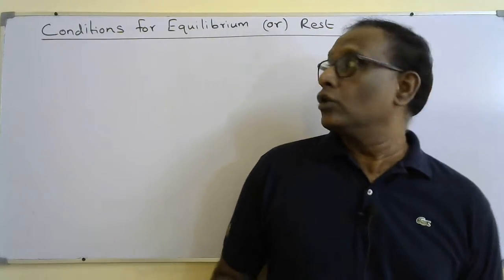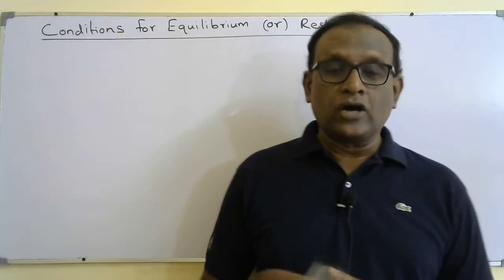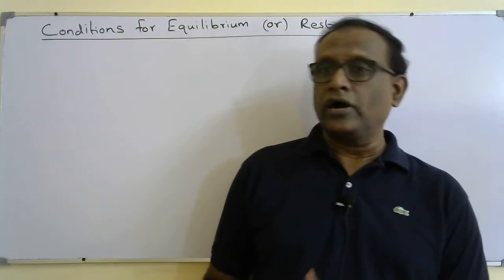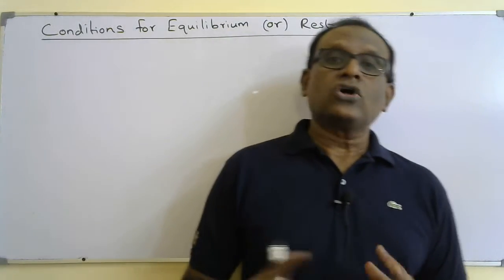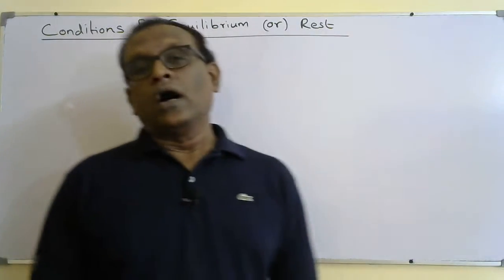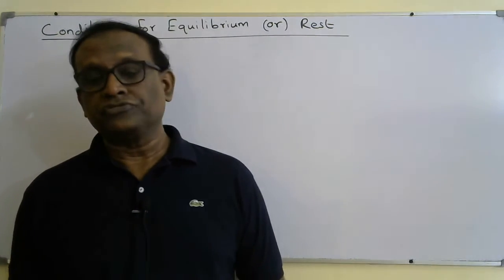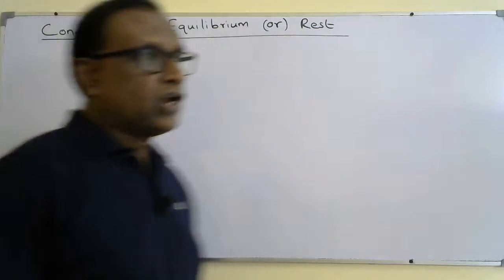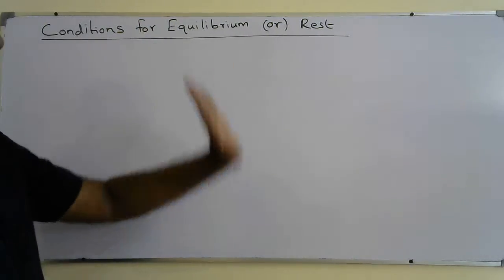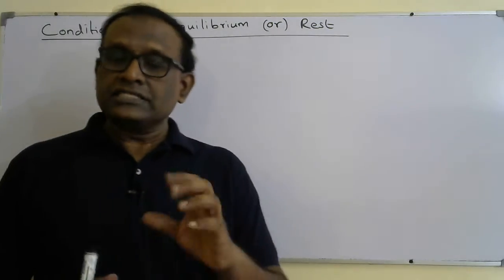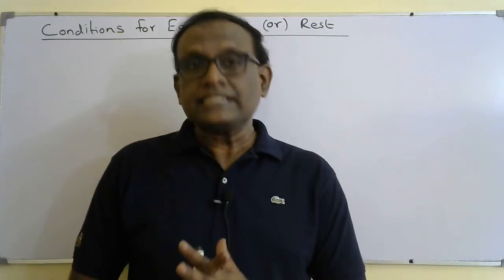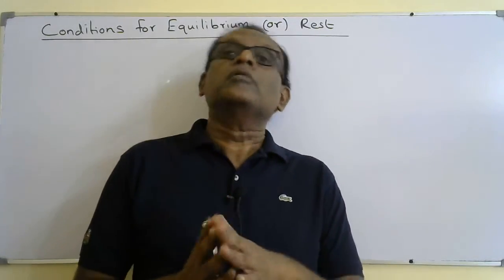Okay, so next we are going to analyze the conditions for an object to be at rest or at equilibrium when it is under the action of a system of forces, more than one force. What's the difference between an object being at rest and an object being at equilibrium? The first thing you should know, when an object is at rest, it should not move.